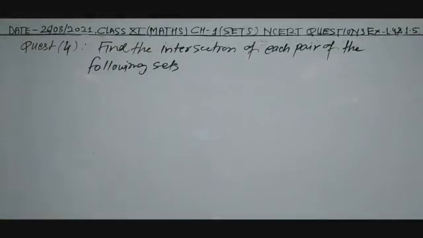Question number 5 of NCERT is: find the intersection of each pair of the following sets.